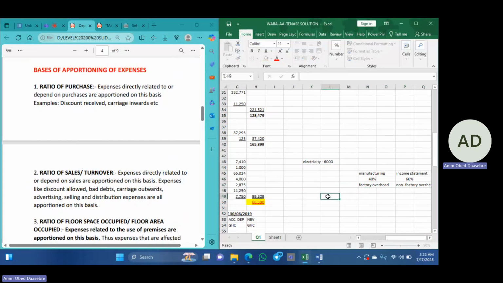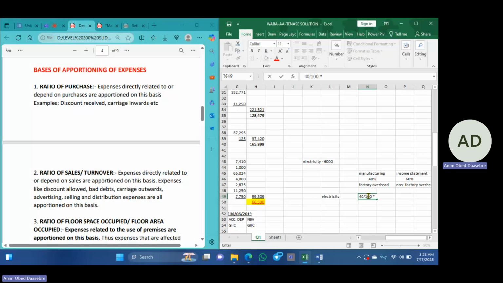So to compute the electricity figure that will be taken to the two departments, this is how we do it. For the 40%, it is over the total ratio, 40% over 100. Every percent is over 100.